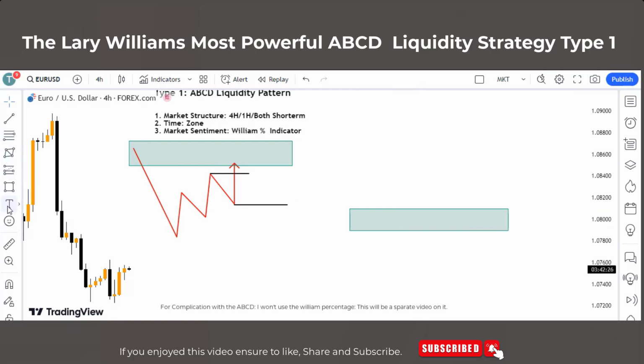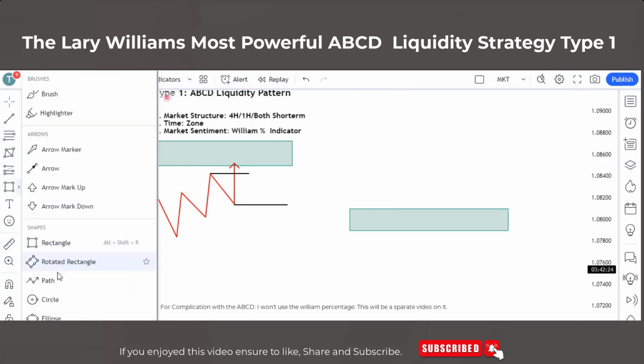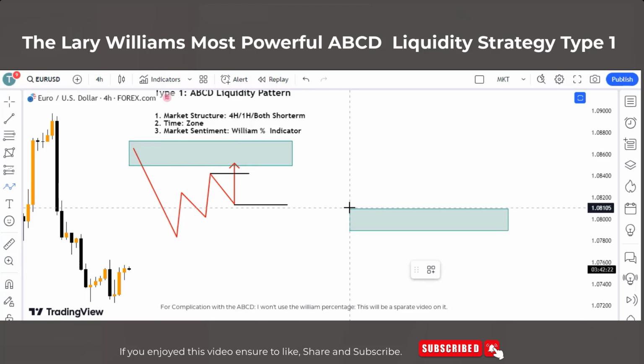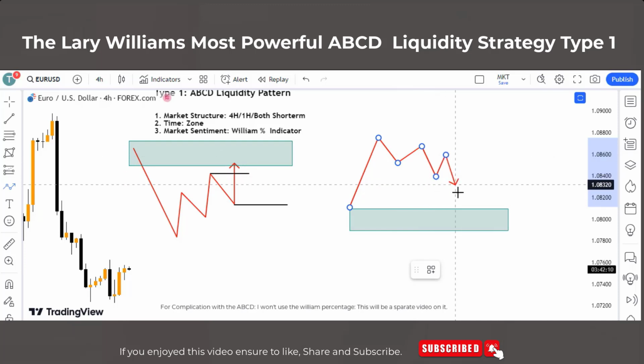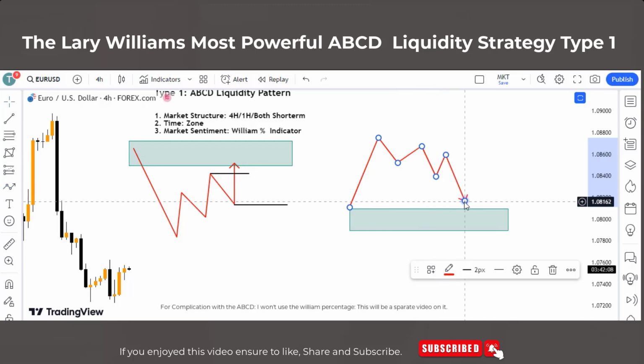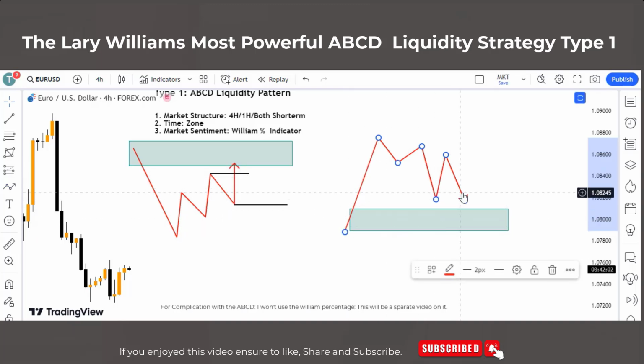All we have to do is to look for when price creates a high and price is retracing on the 1 hour short term into the 4-hour order block. This is when we look for a buying scenario.